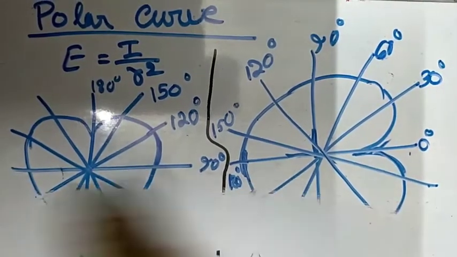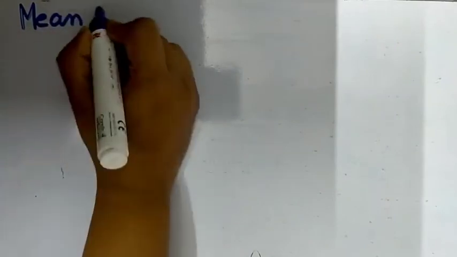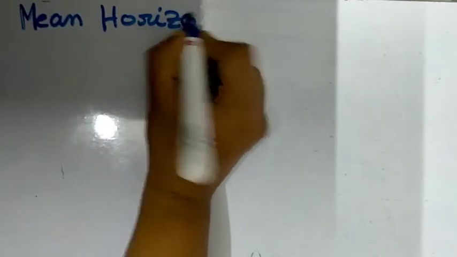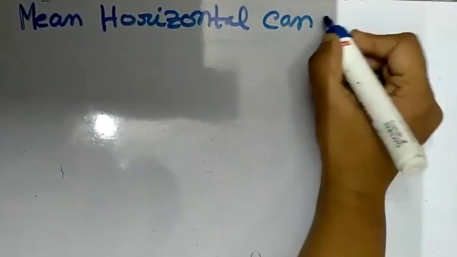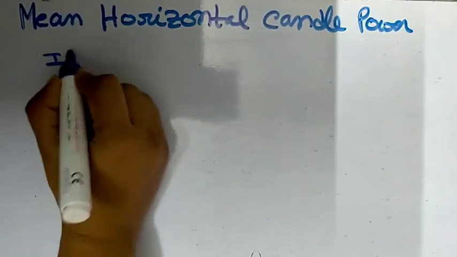Next is mean horizontal candle power. What is this?